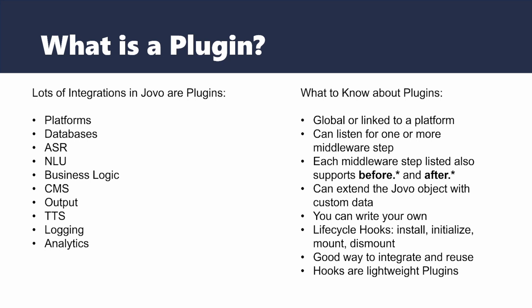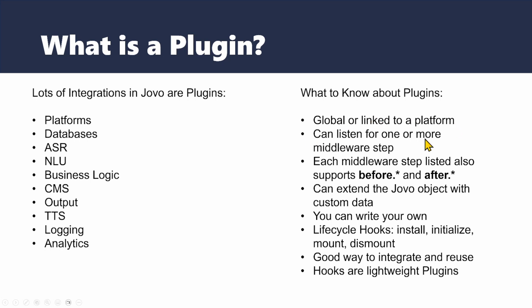You can support multiple platforms at the same time and be cross-platform. Plugins can be either global or linked to a specific platform. So you could have platform A use NLU provider A and platform B use NLU provider B, if that's the way you want to structure your application.